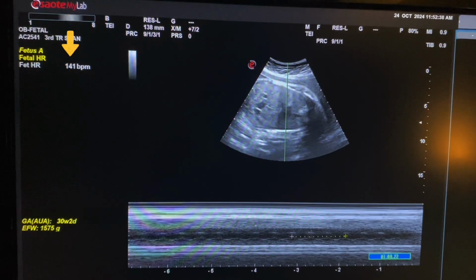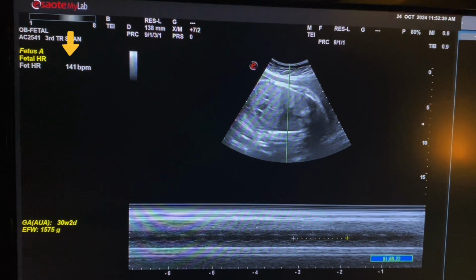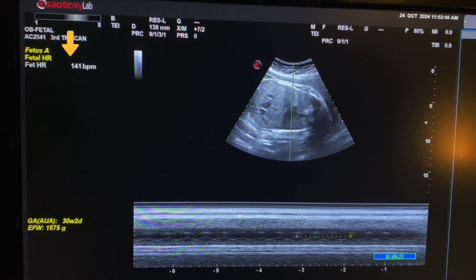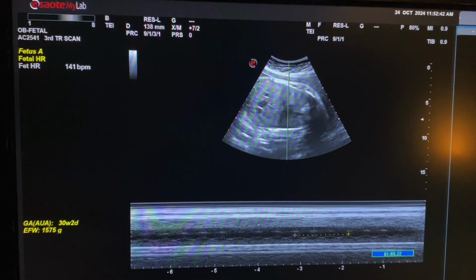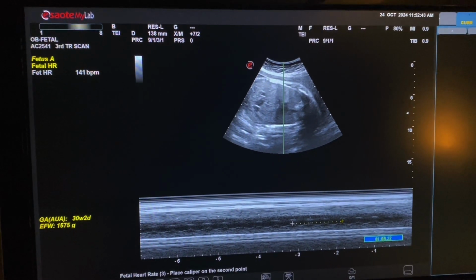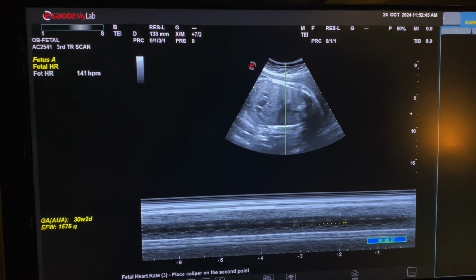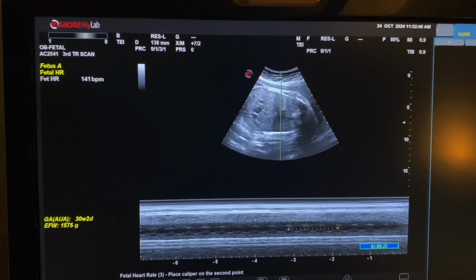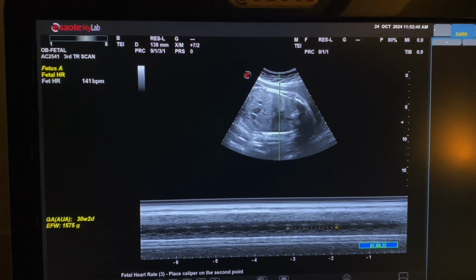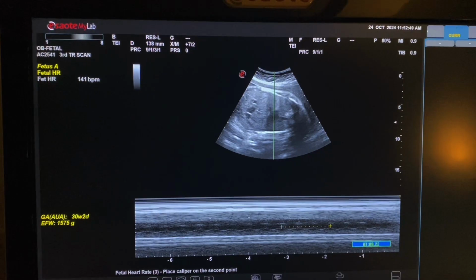The heart rate of the fetus is 141 beats per minute. In the third trimester, it will be less than 150 beats per minute and more than 130 beats per minute. It will be normal.